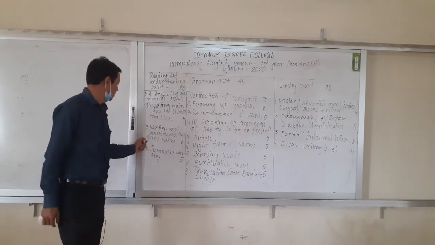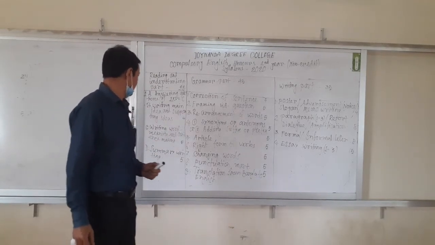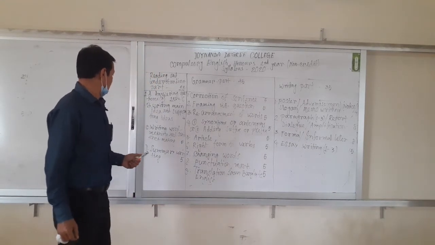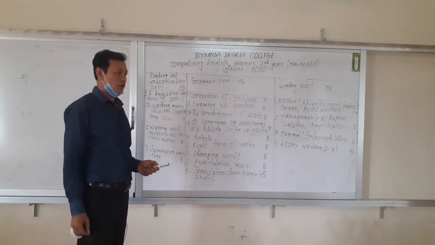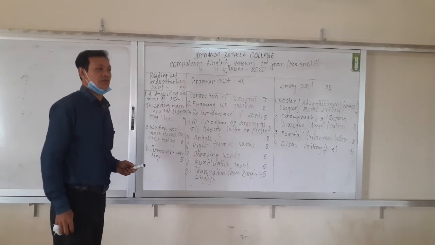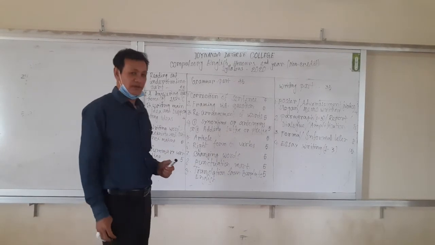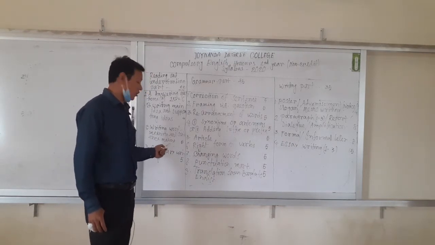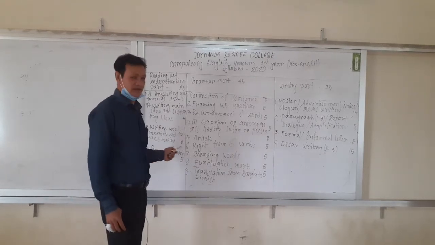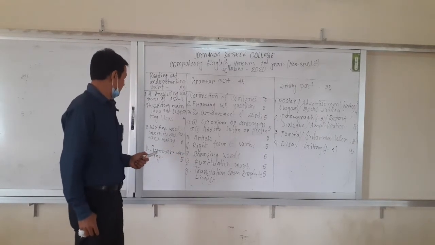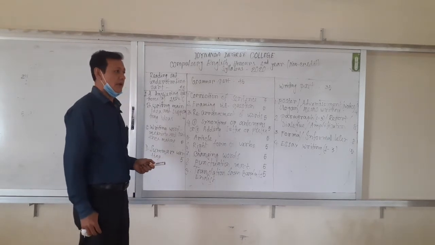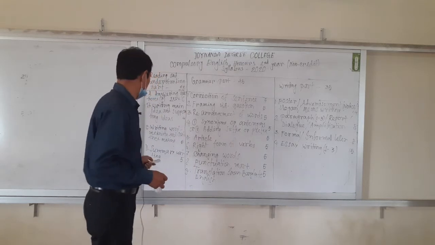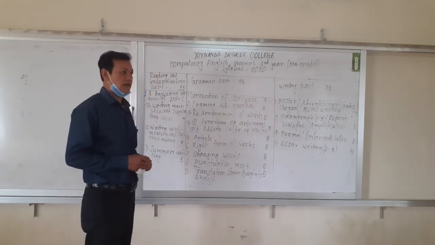Next one, writing word meaning and sentence making. For answering the question, you should be careful, because most often we see that some of you make a sentence with a changed word, but you have to make it with the given word. 7 words will be given in this question, and you have to answer any 5.